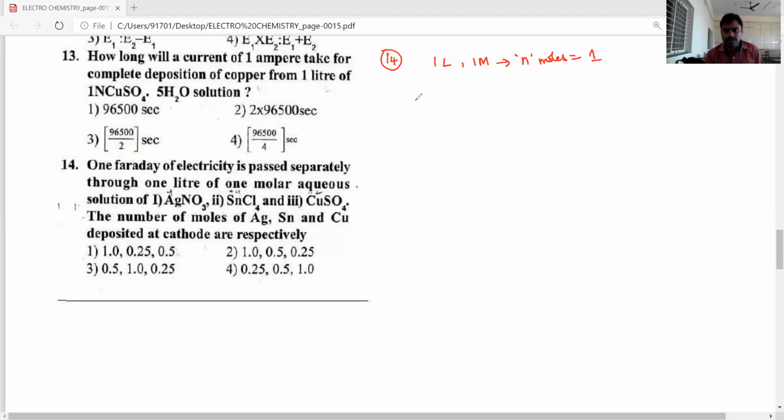If 1 Faraday current is passing through a 1 liter 1 molar aqueous solution of silver nitrate, tin tetrachloride and copper sulfate, the number of moles of Ag, tin and copper will be deposited at the respective cathodes.